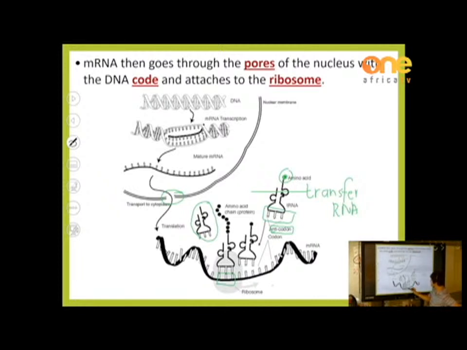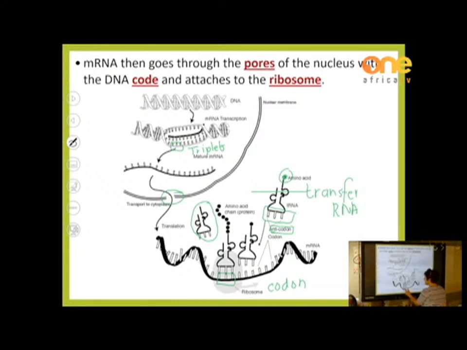On the mRNA, we have a codon. And just to help us to remember that it is 3, they call the 3 that belong together to form a codon to fit a specific anticodon. On the DNA, there must be a triplet of codes that will form the codon of the mRNA.